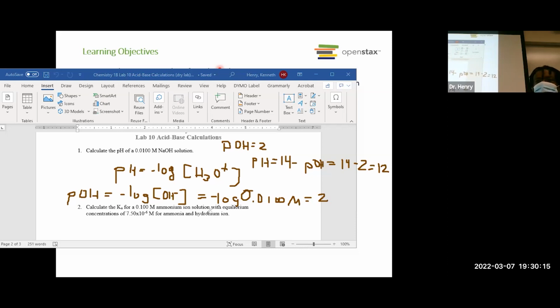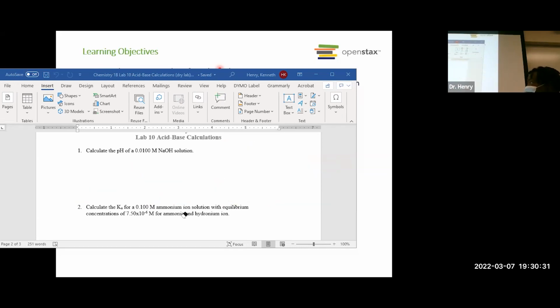So first thing that we should do is to do what? Something right before the ice table. Determine which one is an acid. That would probably be a good idea, but there's one more thing before that. The chemical equation, right? So what is the chemical equation?